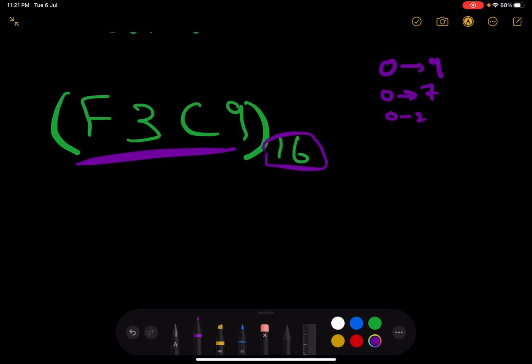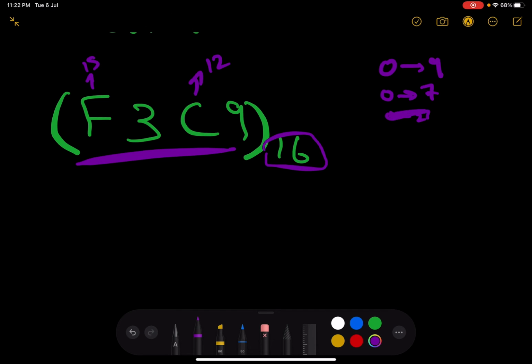So all of these digits actually are in the decimal system, but here in hexadecimal, C is unknown in decimal, and F as well. So we need to know the equivalent number for C and F. C is equivalent to 12 and F is equivalent to 15.